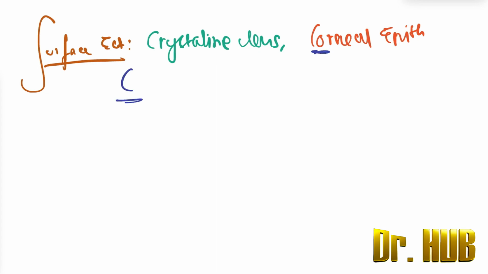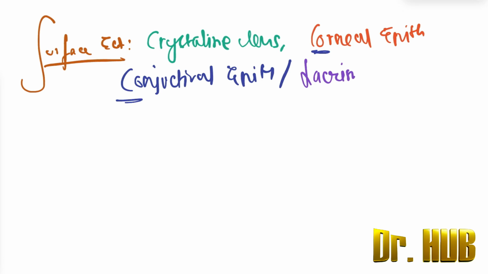In the surface ectoderm, there is also a gland, the lacrimal gland, and there are also the tarsal glands.